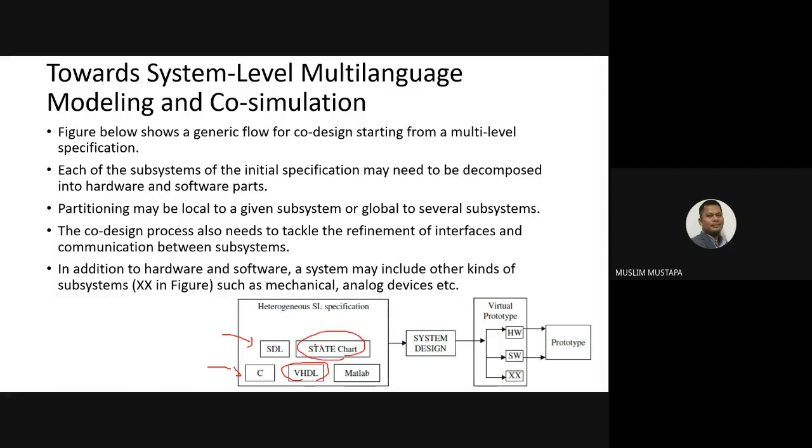So it's almost similar to SDL. Then some of it uses MATLAB. So you can have various languages in the beginning, but then you need this platform that we're talking about, the platform that combines the whole thing and then comes out with the system design, right?